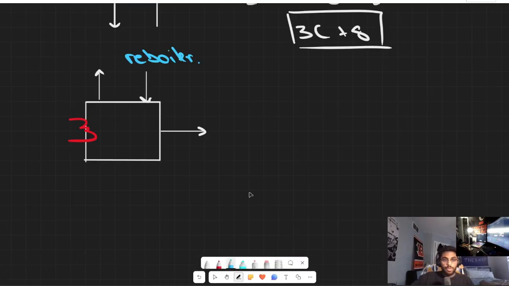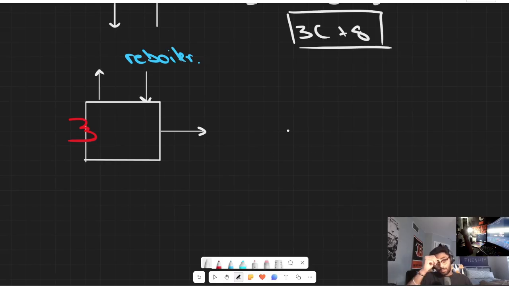So now we come to the reboiler. And similar to how we did the feed stage, I'm not going to go through the variables. I'm just going to make a relationship back to an equilibrium stage. So what is different from the equilibrium stage versus the reboiler stage? Well, the fact is that we don't have a vapor stream that exits our system.